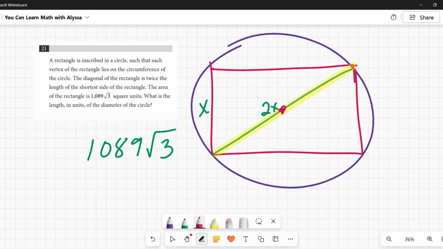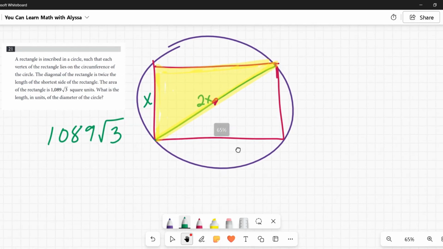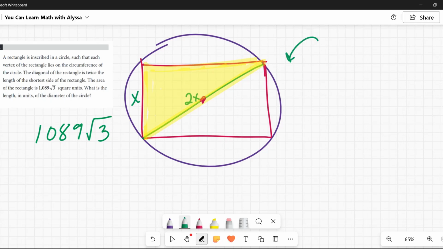I've got an x and I have a 2x, and they are testing to see if you remember about 30, 60, 90 triangles. And I'm going to rotate this and kind of draw it. So I'm going to rotate it this way so it comes down like this, because this is usually how they're drawn in your math book. I have x and 2x.